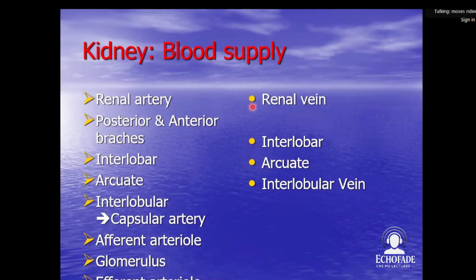Of importance for us, and we need to be very careful in terms of urine formation, is the afferent arteriole, the glomerulus, and the efferent arteriole. This is important. At this stage, I would like to say that the efferent arteriole has a smaller diameter than the afferent arteriole.